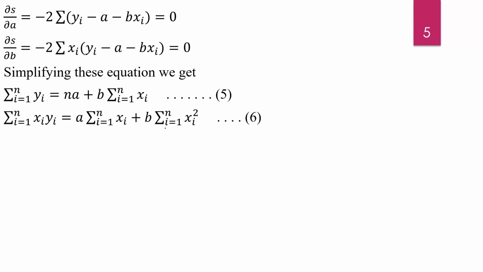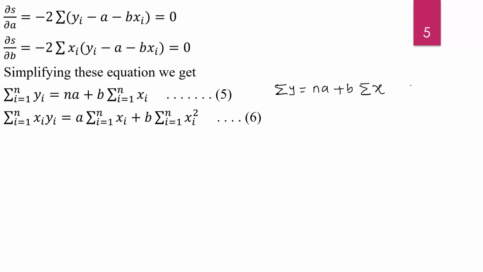Here summation is running from i is equal to 1 to n, meaning there are n points. So instead of this, we write in a simple form: summation y is equal to na plus b summation x. Here n means the number of points; if there are particularly 3 points, then we write 3a.